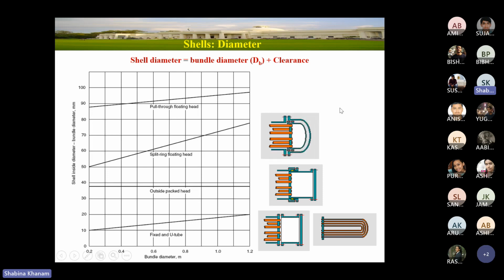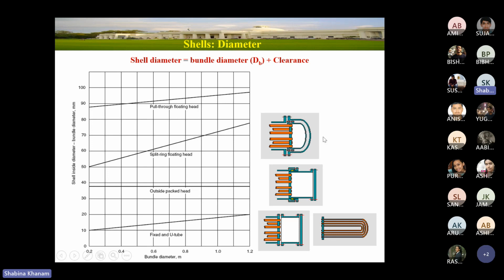Next, split ring, is again a type of internal floating head, but in which contraction will be difficult to accommodate, but expansion is possible because of this space.